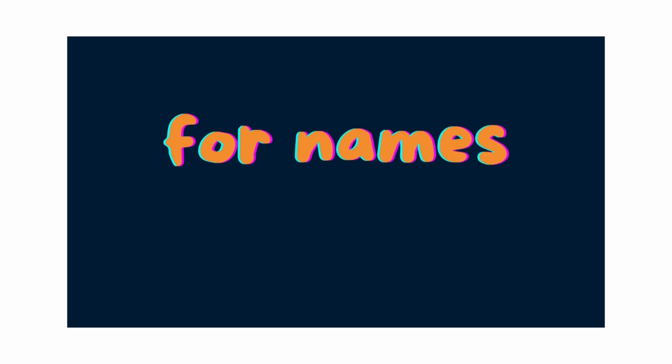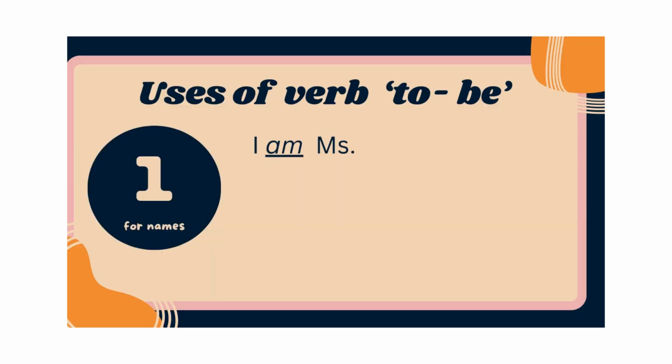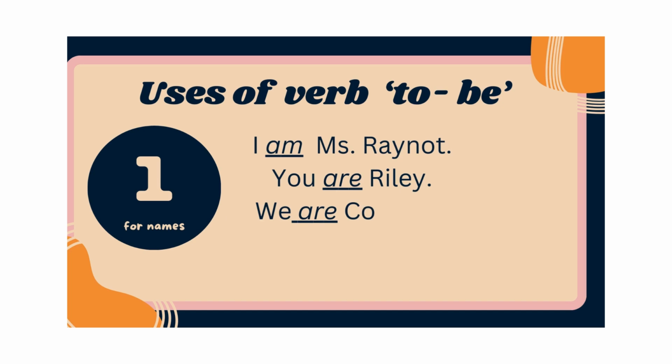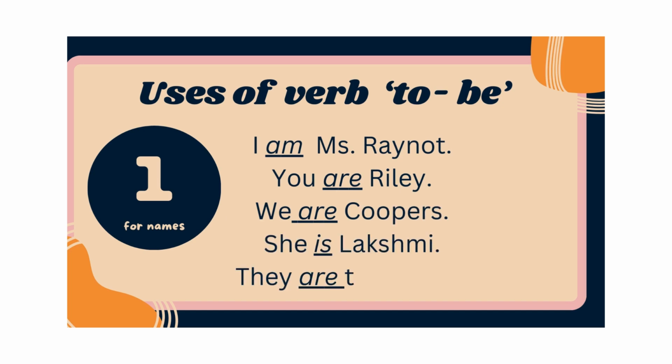When you want to tell someone your name or introduce someone, you make use of the verb to be in the appropriate form. For example, I am Miss Reynolds. You are Riley. We are Coopers. She is Lakshmi. They are the Patels.